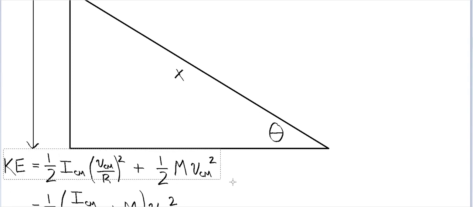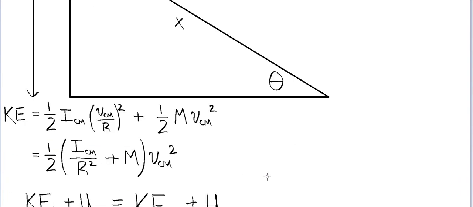So the kinetic energy is half ICM times the quantity VCM over r squared plus half m VCM squared. Note that there is a half and a VCM squared in both of these terms, and so I can factor to say that the kinetic energy is half times the quantity ICM over r squared plus m, times VCM squared, right? Convince yourself that you can go from this line to this line.